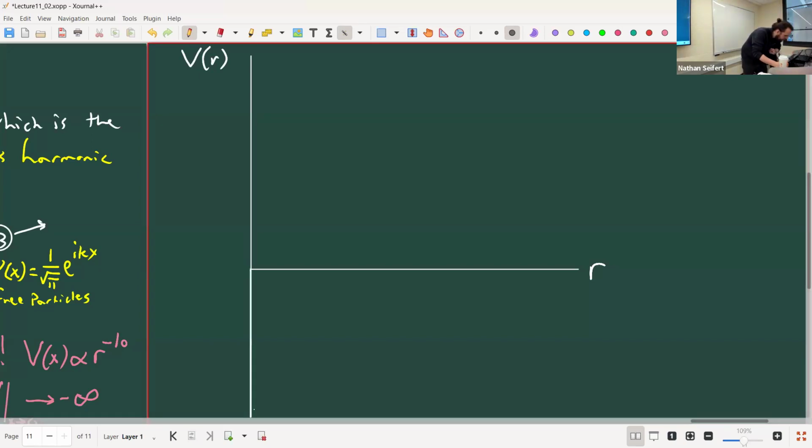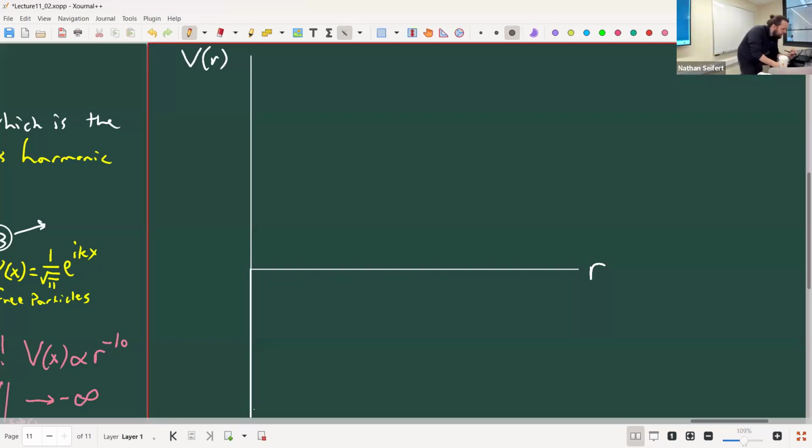We'll see why in just a second. I'm going to define my energy scale slightly differently. Remember that in the harmonic oscillator, we defined V equals 0 to be the bottom of the potential. What I'm going to define V equals 0 to be is the energy at infinity. When you have two atoms really far apart, the potential energy between them is 0. That's what we're going to define as 0.